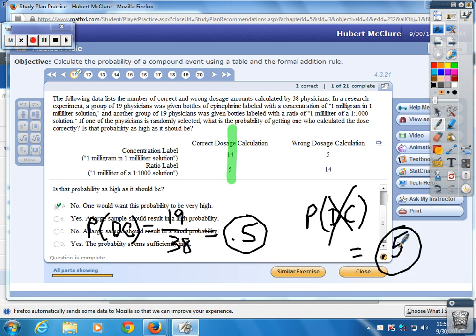What would you want that one to be? You want it to be low. You don't want it to be high. And they're going to ask you that type of question on a different problem. Do these have overlap? No, because you found this one, and then you found this one. Now you didn't calculate this one because you already knew this one. Next question.